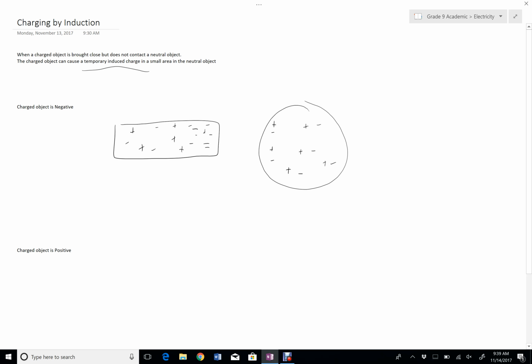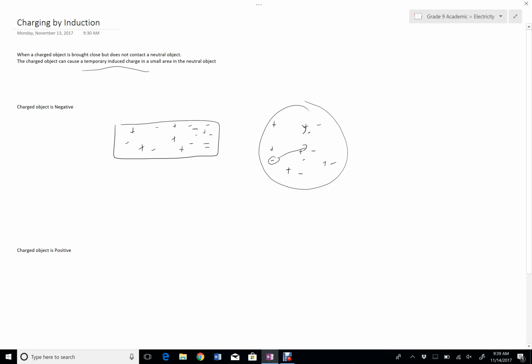What happens is the charges in the neutral object that are close to the surface where the secondary object is coming in are repelled. In this case, the electrons will flee. When they do so, they move over here.